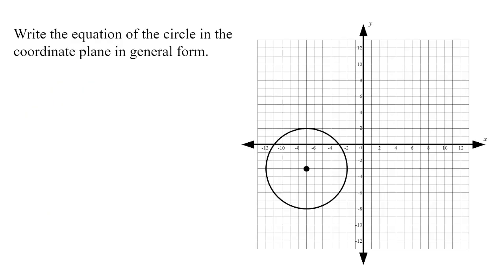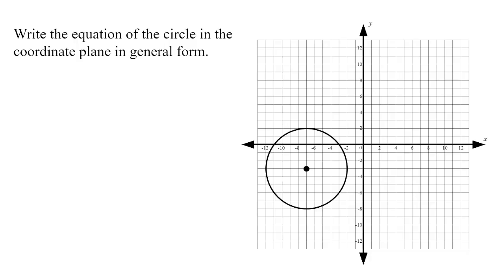Now, let's say you're asked to write the equation of the circle in the coordinate plane in general form. Well, the ideal is to write it in standard form first, and then you convert it to general form. So first we need to find out what the center is.